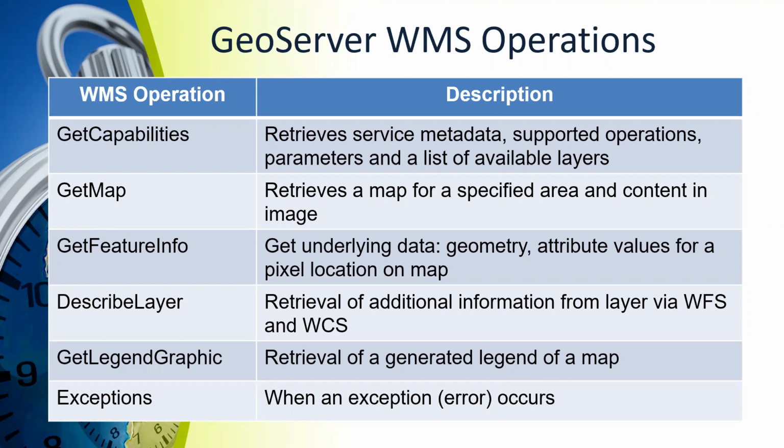What does it contain? Does it offer WMS? Does it offer WFS, or what have you? So it retrieves the service metadata and supported operations. These are the operations that we are going to look at. Then it gives some output, like the parameters and a list of available layers. So what layers are in your GeoServer? Those are the things that these requests do.